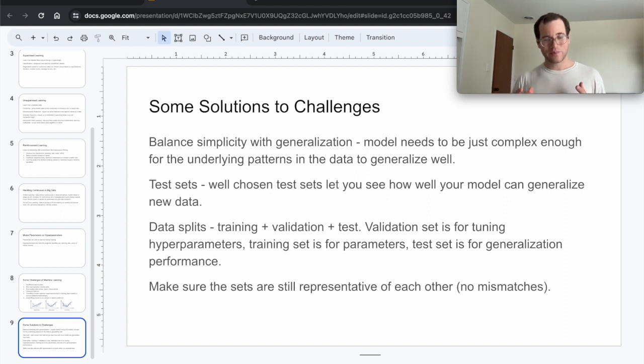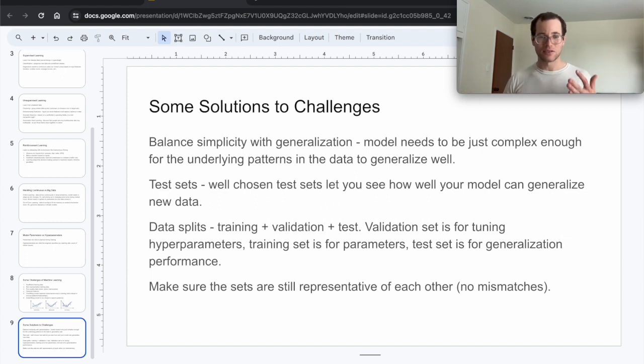The ways we do this: we need to make sure we have a test set that is accurate and a good generalization of the training data as well, because typically test sets will be about 20% of your total data set. And if that 20% you pick has bias in it relative to your training data set, then your model is going to change its parameters in ways that will give you poor performance.